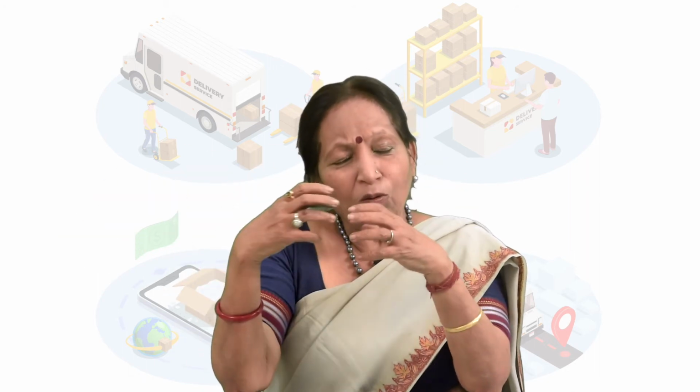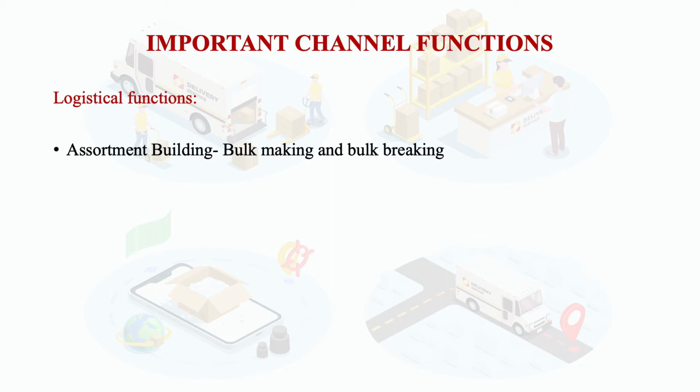Now, in order to take the goods in the desired assortment to the consumer, the wholesalers and retailers have to fulfill this function of taking bulk supplies and breaking the bulk into desired assortments which are required by certain target markets. So as you move closer to the points of consumption, you keep on building different kind of assortment that are demanded by a certain market.